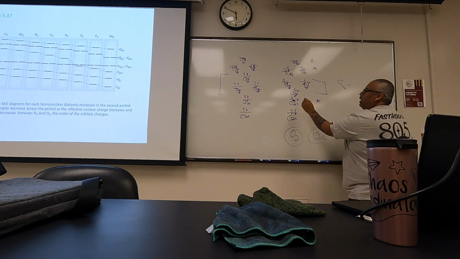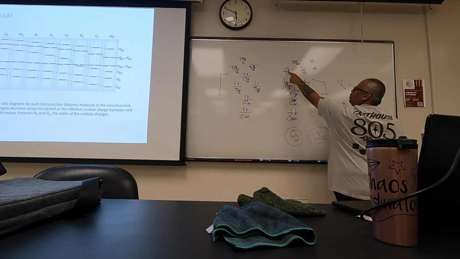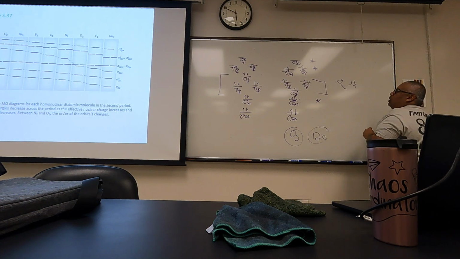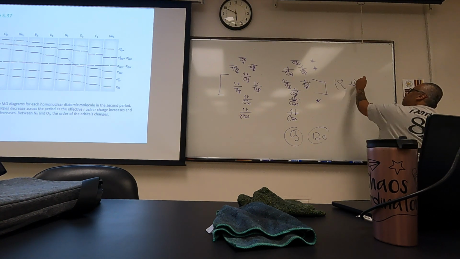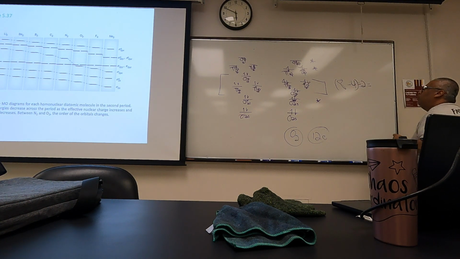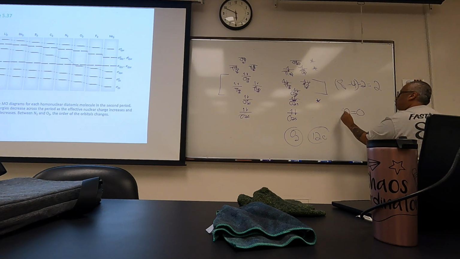And how many anti-bonding electrons do we have? 4. So 1, 2, 3, 4. We're going to divide that by 2. What is the bond order? 2. So our bond order is 2, which means how many bonds does O2 have? So oxygen has 2 bonds.